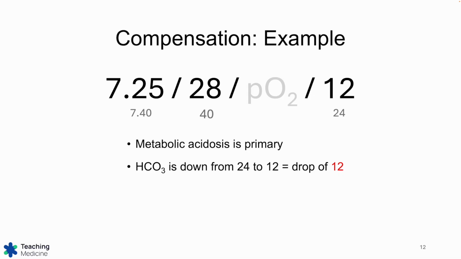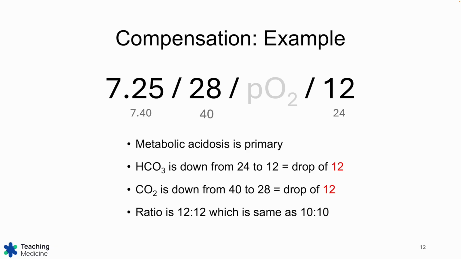The bicarb, which is the metabolic acidosis, has dropped from 24 to 12. That's a difference of 12. The CO2 has dropped from 40 down to 28. That's also a drop of 12. And so the ratio is 12 to 12, which is the same as 10 to 10. Therefore, this is full compensation.